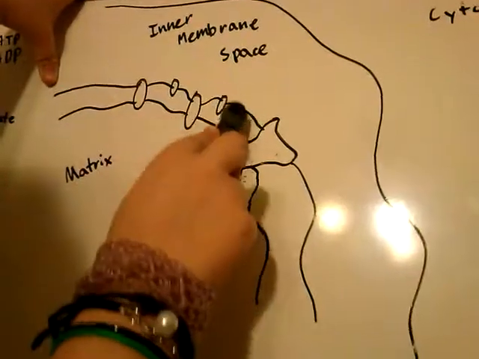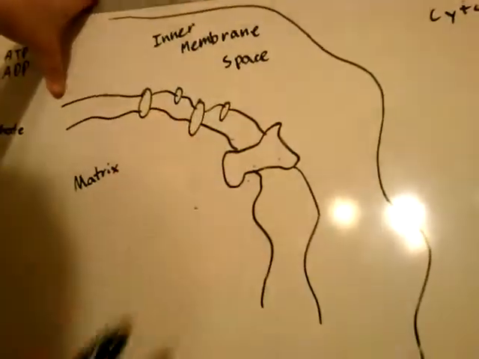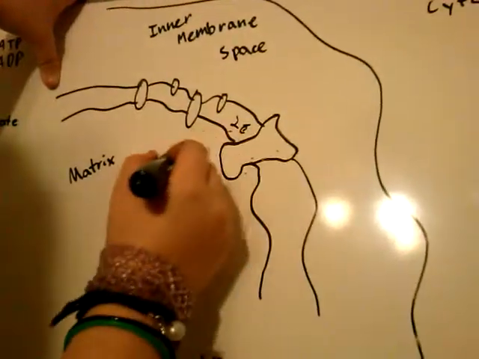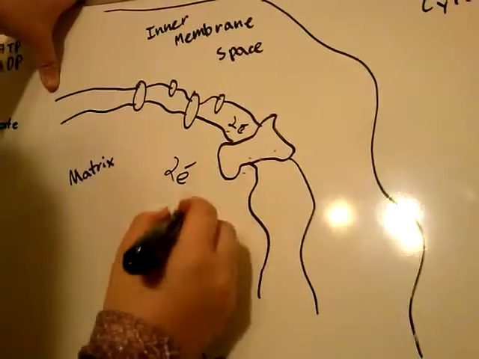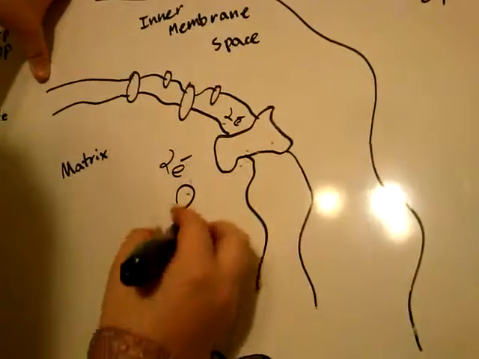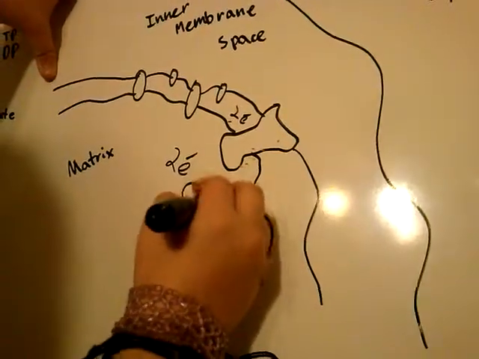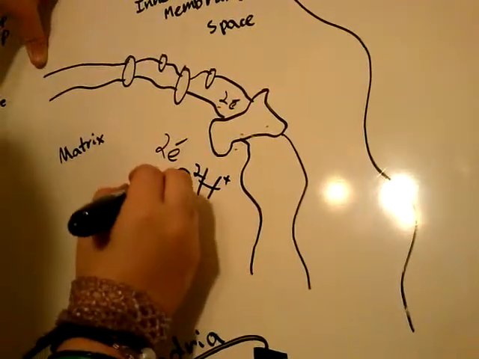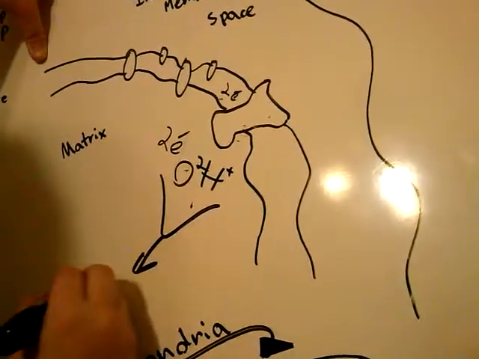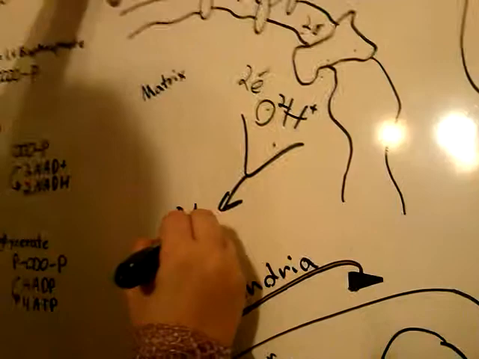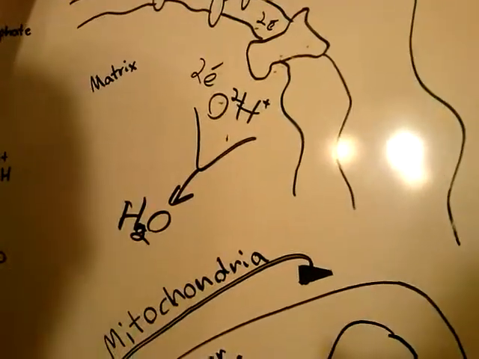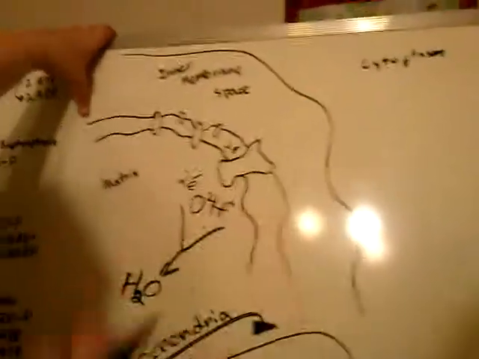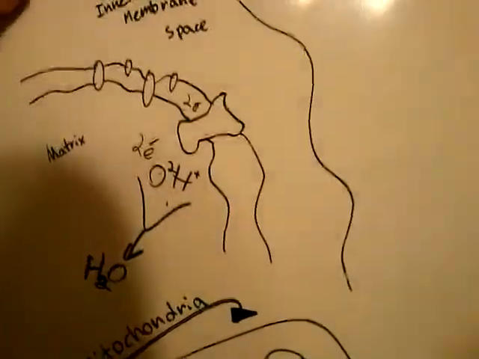The electrons travel along, and when 2 electrons get down here, they join up with an oxygen and 2 hydrogen ions to create H2O. Water! Yep, water. We love water. So that is the fixing of the electron transport chain.